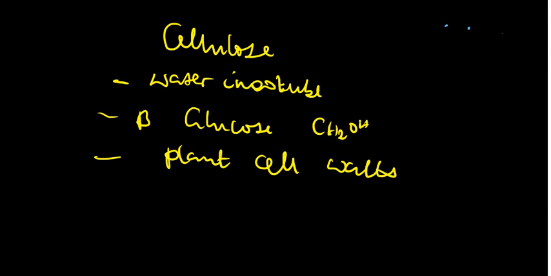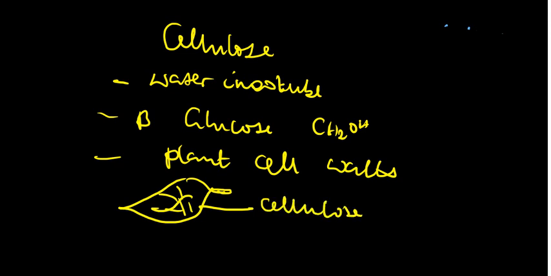So if we have a leaf right here, you find that the cell wall is made up of cellulose, okay? And this cellulose is insoluble in water and it is a polymer of glucose.